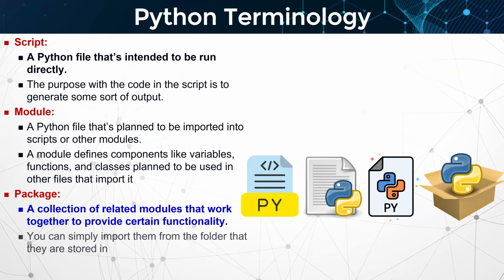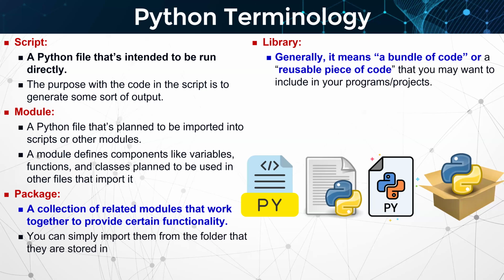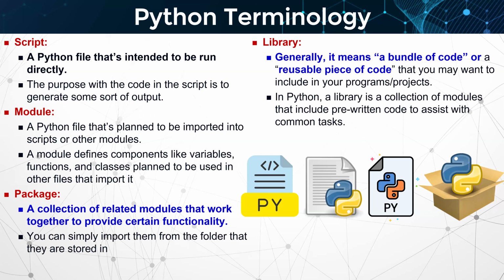A library, by definition, is a bundle of reusable code that can be run and executed directly within Python. We have an unlimited number of libraries with different functionalities within Python that can be used for different applications.